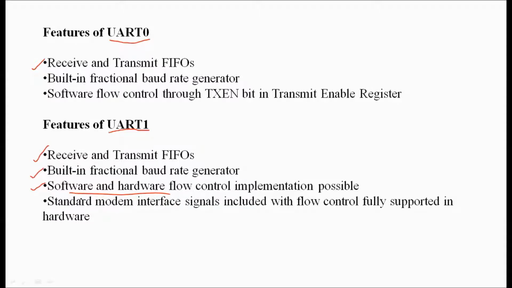In UART 1, an additional feature is that you can interface a modem, and all modem controls are available. With UART 0, modem control signals are not available. As you know, in RS-232 we use only 3 terminals: transmit terminal, receive terminal, and ground terminal. All other terminals are related to modem interface signals. Those signals are available in UART 1, which are not available in UART 0.